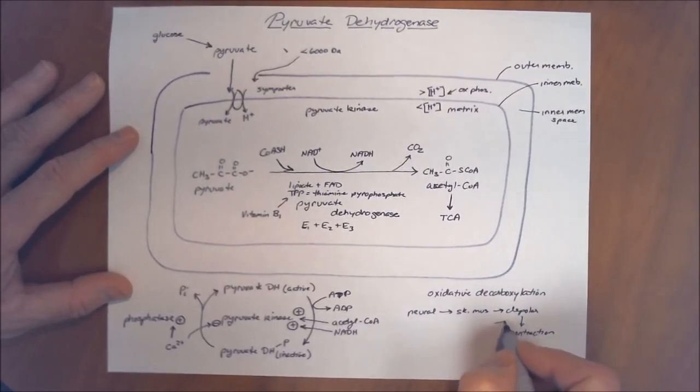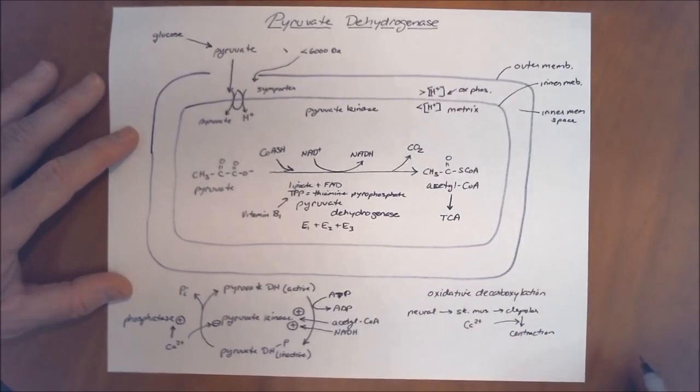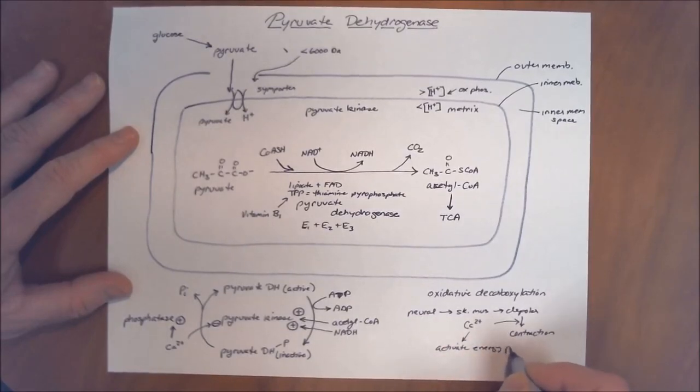Now this contraction event here is a release of intracellular calcium stores. So the combined effect of calcium is to mediate the contraction event, but it's also to activate energy production. And this is to compensate for the decrease in ATP because of hydrolysis needed for contraction.